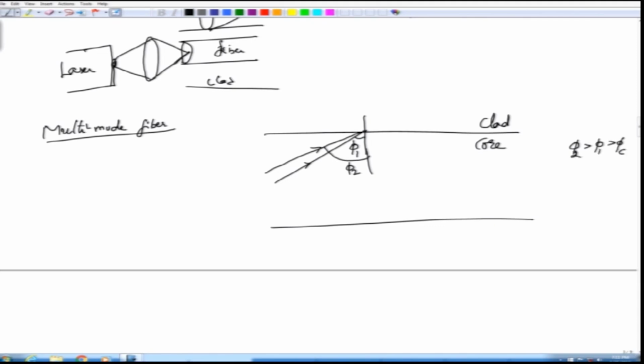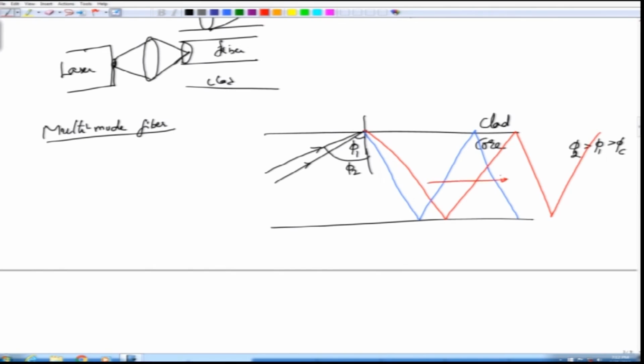Therefore, both rays should get reflected. So this gets reflected here, the second one also gets reflected, both at the same angles phi 1 and phi 2. Maybe this figure does not really show you that, and once again they will be reflected and propagated this way. Similarly, this ray would also be reflected again and propagated, and this is how both modes will be propagating.